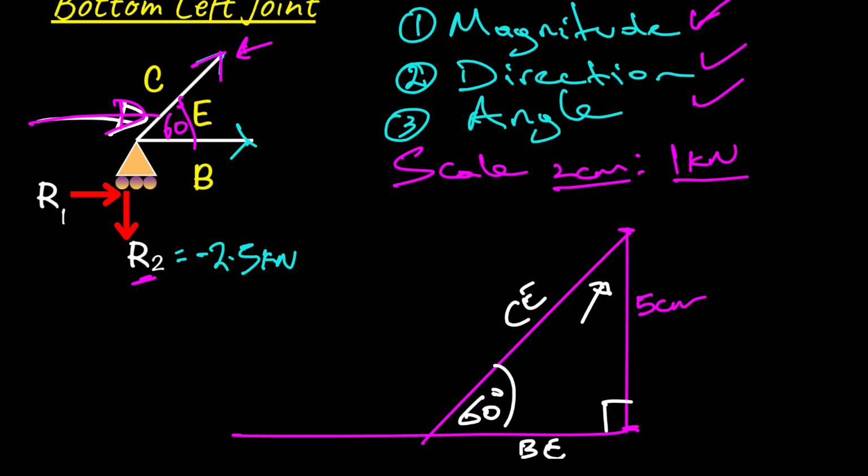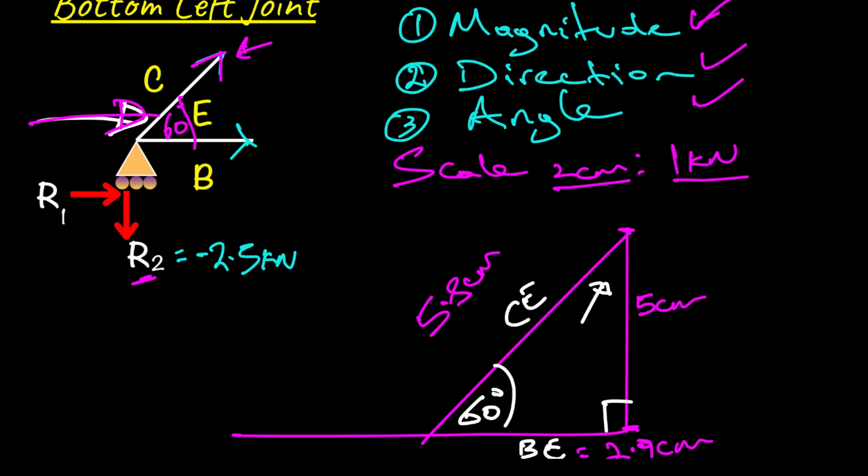So in terms of our measurements now, CE turns out to be 5.8 centimeters, and BE turns out to be 2.9 centimeters. Because my scale is 2 centimeters to 1 kilonewton, I'm going to divide my centimeter measurements by 2 in order to get my actual magnitude.